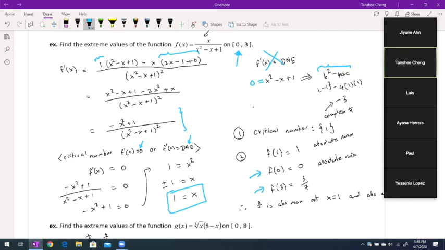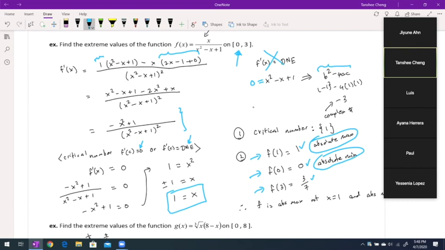So when I find the function value at the critical number and at the endpoints, the critical number is 1, and the endpoints are 0 and 3 over 7. Therefore, at the critical number, it will be the absolute maximum, and one of the endpoints gives me the absolute minimum.